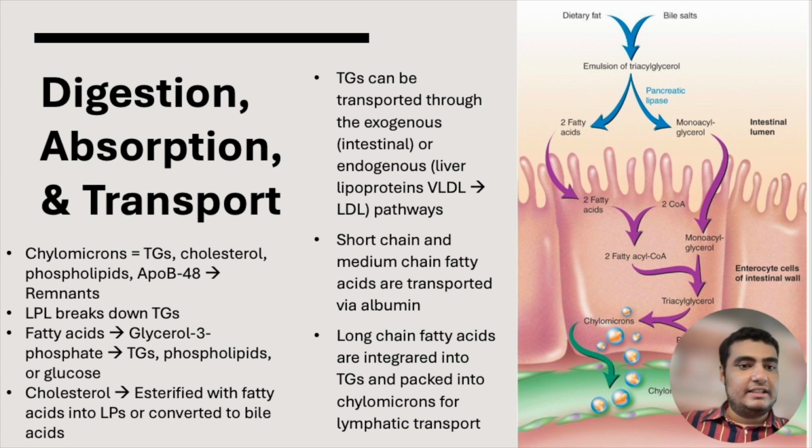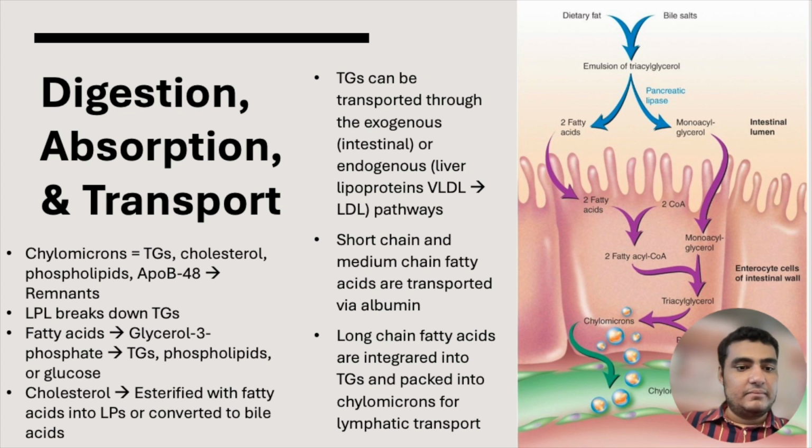In terms of the transport of fats, we have our main key players, which year twos will know more about. In terms of semester one, you will know more about it in year two, if you are in year one. They are called the lipoproteins, and these include chylomicrons, for example, which include triglycerides and cholesterol. And then we have other things like LDL and VLDL and such.